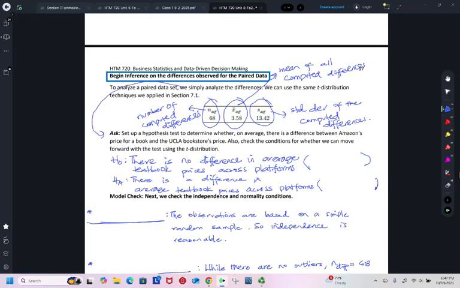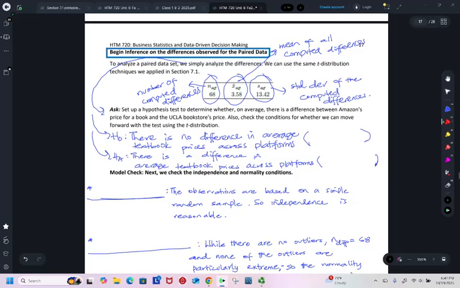Based on this, we're going to set up the null and the alternative hypothesis. The null hypothesis is always the hypothesis of no difference. So, appropriately, the null hypothesis would be that there is no significant difference in the prices on Amazon and at the bookstore, versus the alternative that there is a difference.